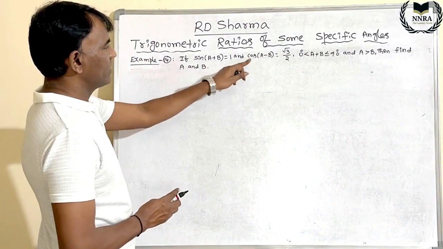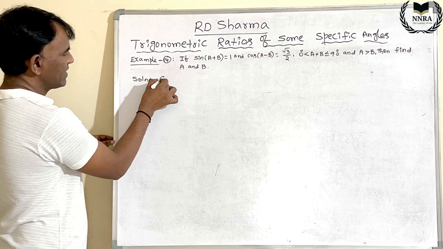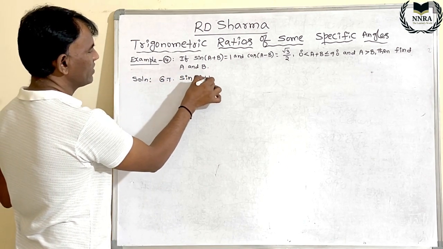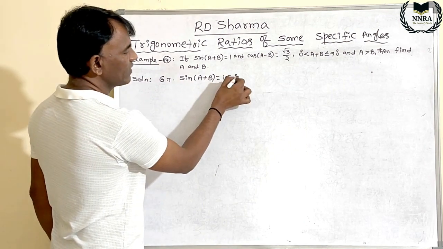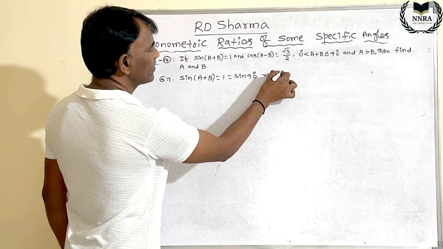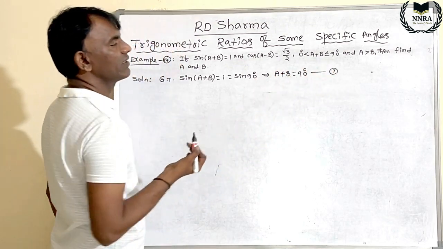So for that we can use these two equations, right? What is the first equation? Sine of a plus b equals 1, and sine 90 degrees equals 1, so write here sine 90. Now a plus b equals 90 degrees, equation number 1.